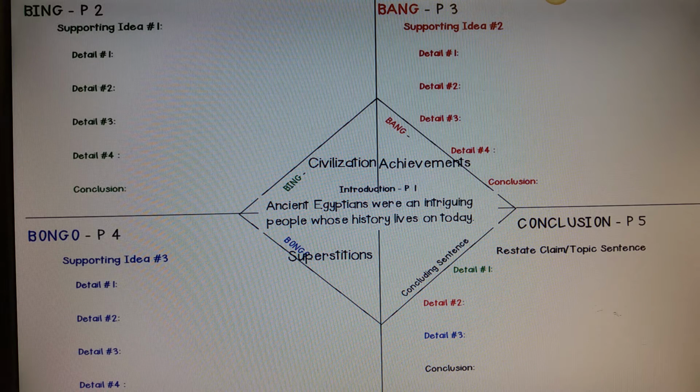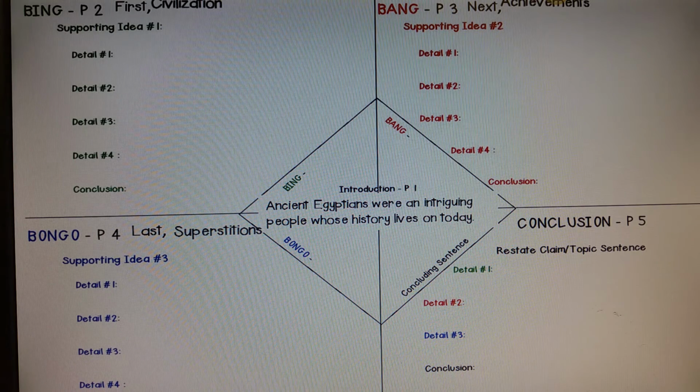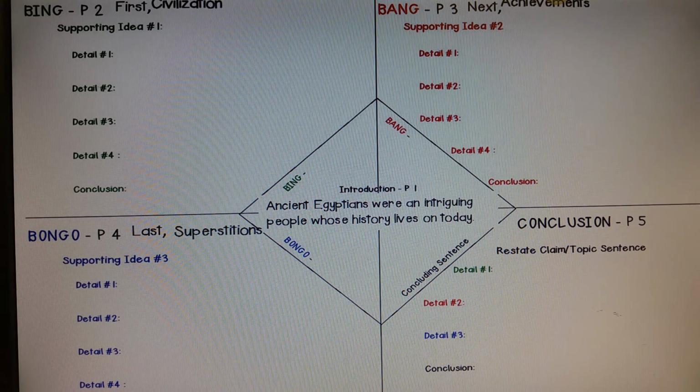Remember that we take these ideas, and as we formulate our paragraph boxes, don't forget your transition words. So our being is always going to be the first thing we talk about. And our bang would be something that we would say next or also or secondly. And then, of course, last we'll talk about the superstitions. And I think that would be a fun one to talk about at the end. All right.